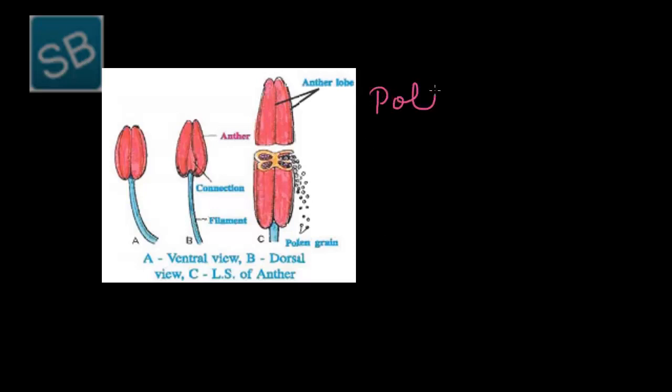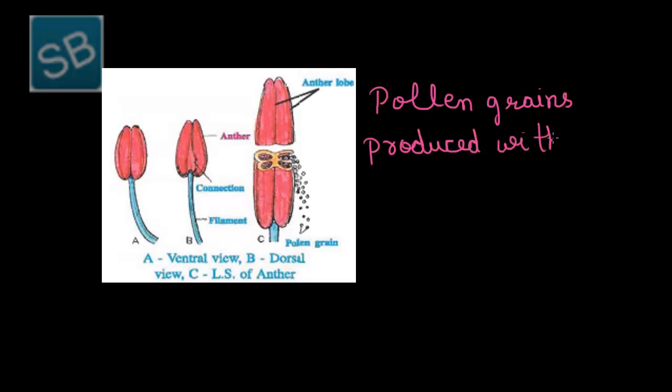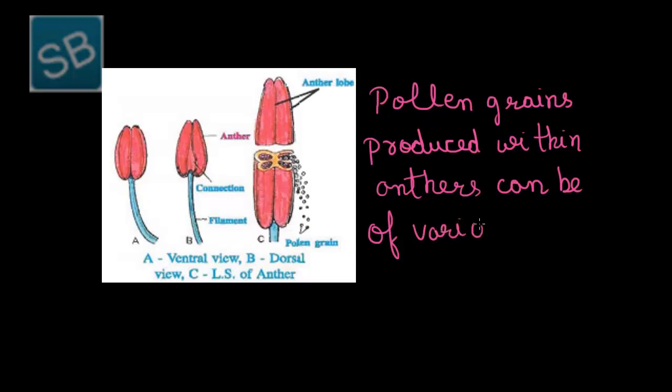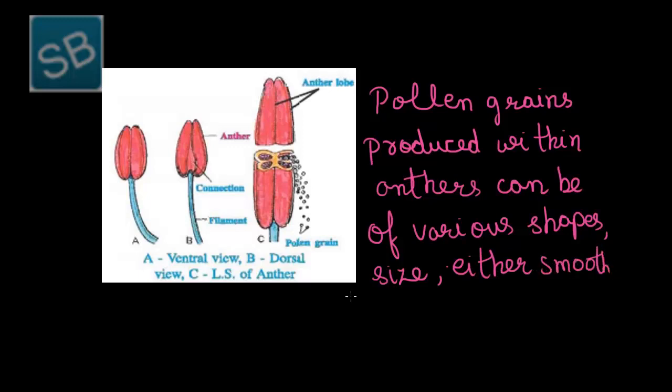Thus, pollen grains that are produced within the anther can be of various shapes, sizes, and different characters, like it can be either smooth or spiny.